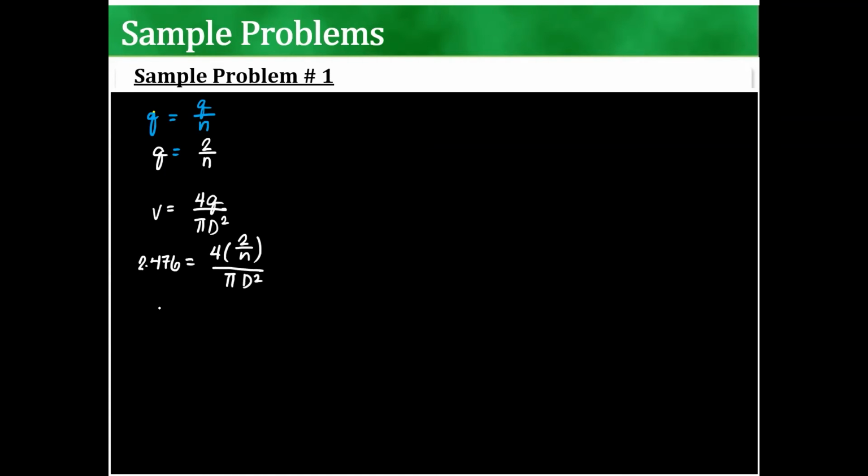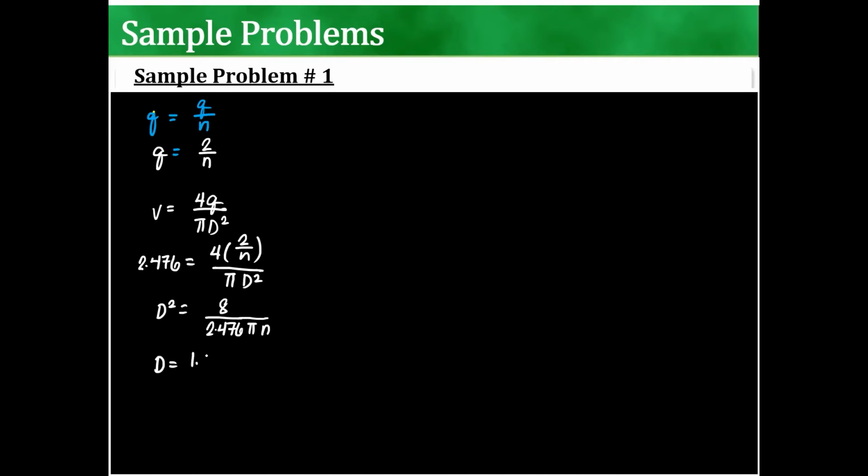So I can say that d squared is equal to 8 over 2.476 pi times n. Therefore, d is, can you please divide 8 by 2.476 pi and then take the square root?